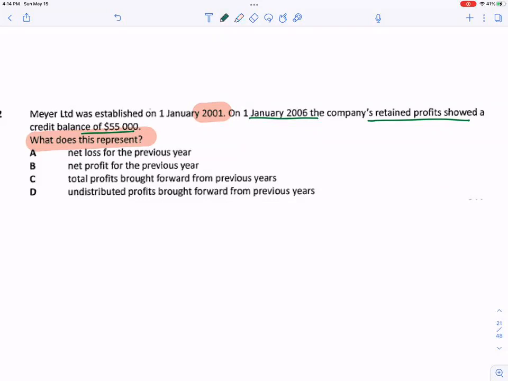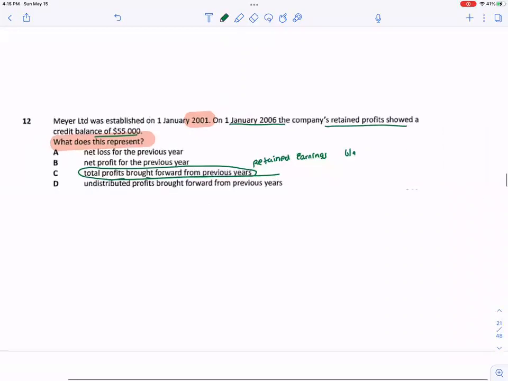B is the answer. It represents total profits brought forward from previous years.